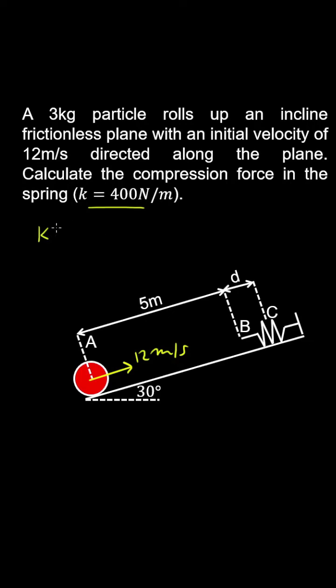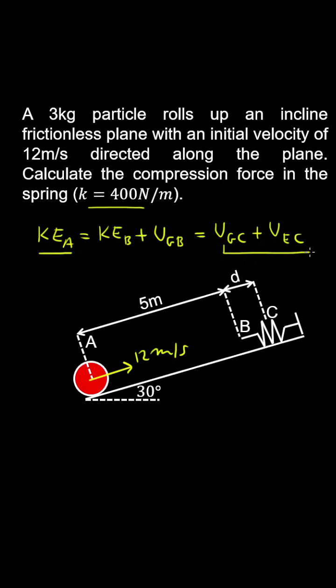So an energy balance from A to B gives the kinetic energy at A is the kinetic energy at B plus the gravitational potential energy at B. And then an energy balance from B to C gives the gravitational potential energy at C plus the elastic potential energy at C. Because when a spring compresses up to D, the kinetic energy of the ball becomes 0. And therefore we can equate the kinetic energy at A with the total energy at C. And I encourage you to calculate the compression force in a spring and post your answer in the comments.